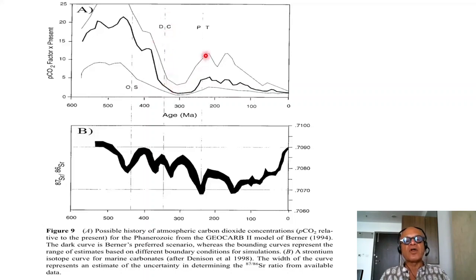Then you had high carbon during the so-called hothouse eras. This should be Permian, Permian-Triassic, I hope I'm right, and during the extinction of the dinosaurs, there was also high carbon, the so-called Cretaceous hothouse, and so on.